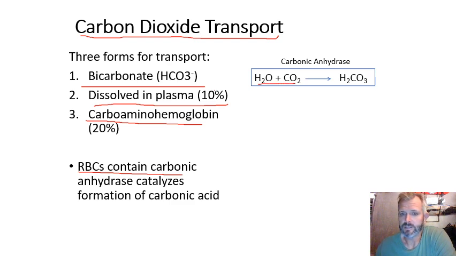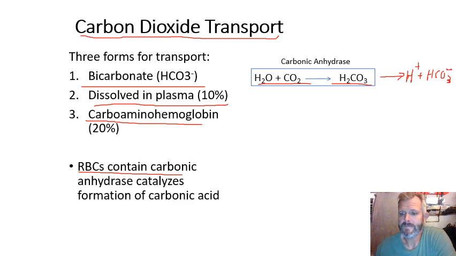So water and CO2 are converted to carbonic acid, which is then converted to protons and HCO3 negative, or bicarbonate.